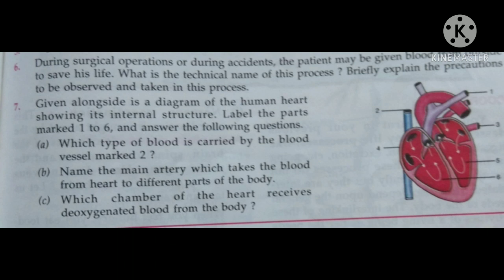While giving the blood, first of all we have to check whether the blood group is matching for the patient or not. The person taking the blood is called the recipient. The person who gives the blood is called the donor.